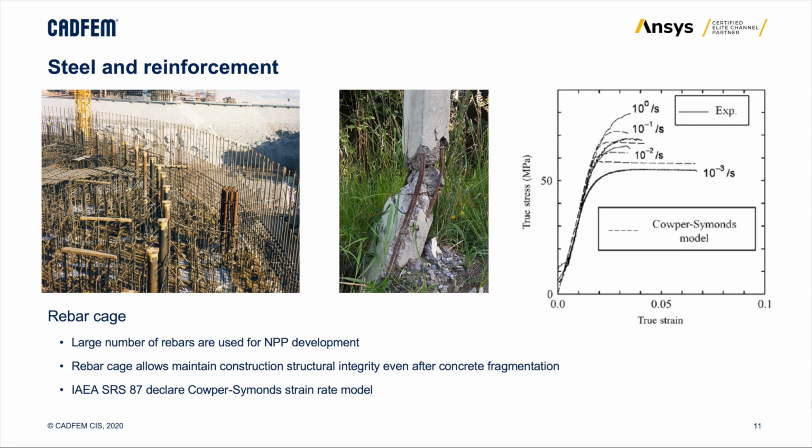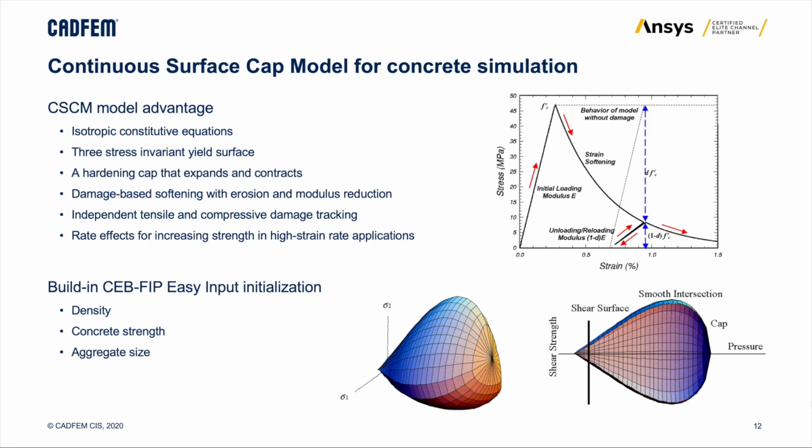And now we can go to the concrete. LS-DYNA has more than 10 special concrete models to simulate concrete behavior. We chose the CSCM concrete model because it has many advantages, such as a 3-invariant yield surface, damage-based softening with erosion, and strain rate effects.